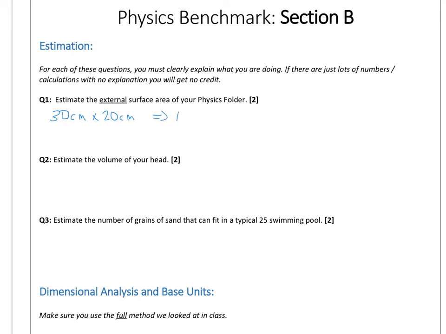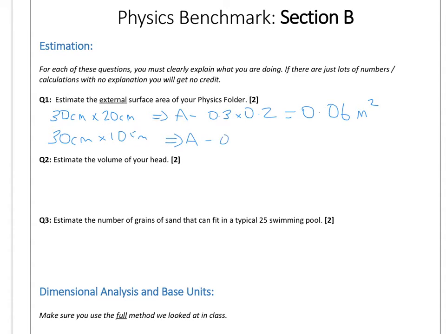So the area of those is going to be 0.3 times 0.2, and when we do that calculation, putting those numbers in meters, we get 0.06 meters squared. And then there's the binding section, so 30 centimeters times about, I don't know, 10 centimeters. So we're keeping it nice and rough.